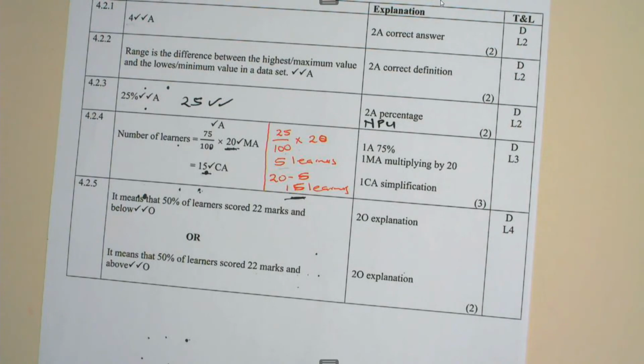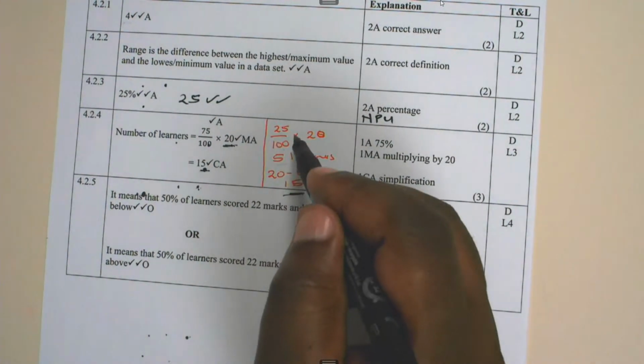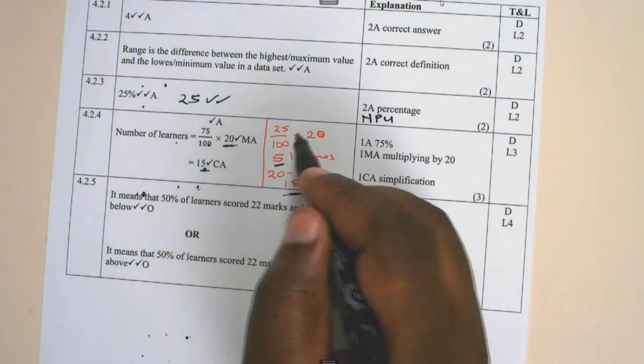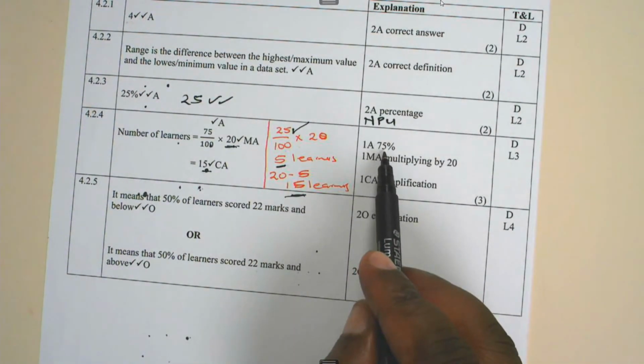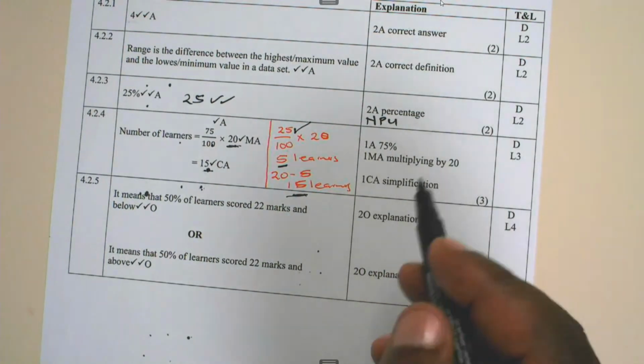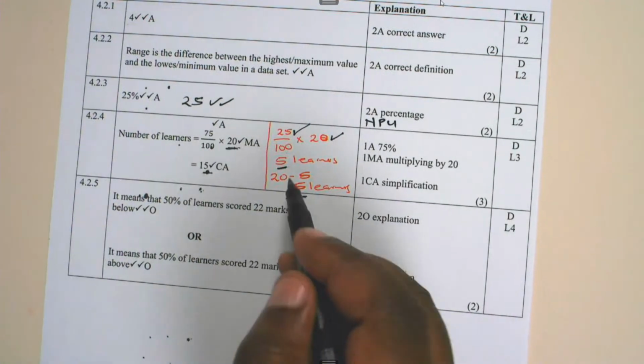If they did that, the learner will get 1 mark for 25% and another mark for multiplying by 20. You don't give a mark for 5 learners because the answer is not 5.